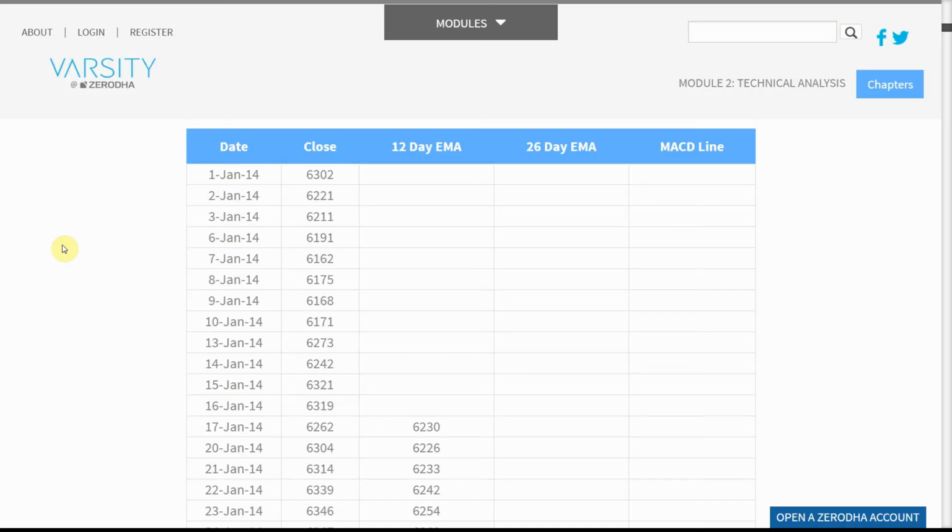The 14th of January 10, 6171. The 14th of January 13, 6273. The 14th of January 14, 6242. The 14th of January 15, 6321. The 14th of January 16, 6319. The 14th of January 17, 6262, 6230. The 14th of January 26, 304, 6226.